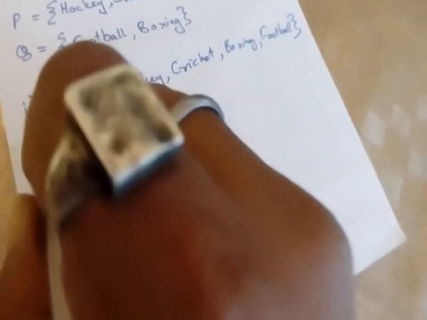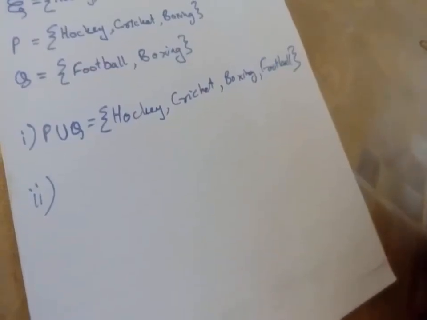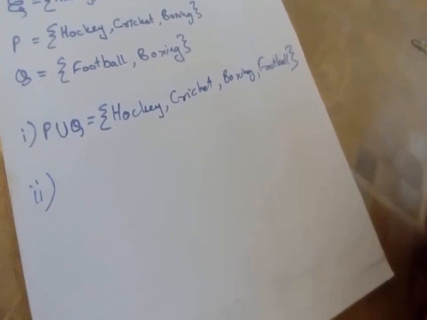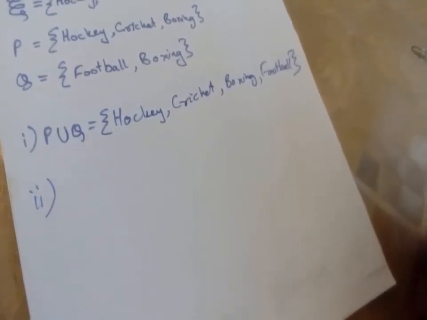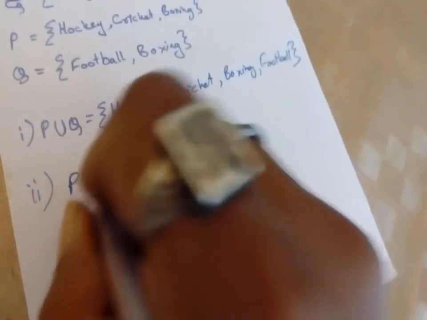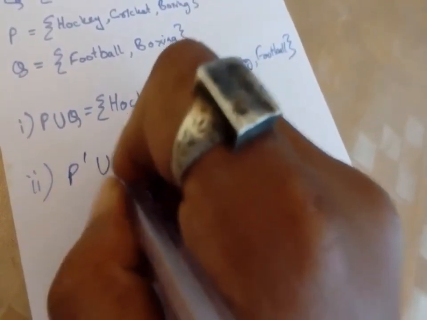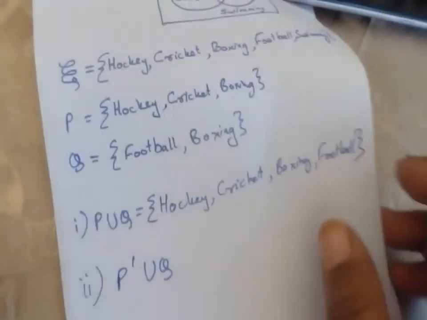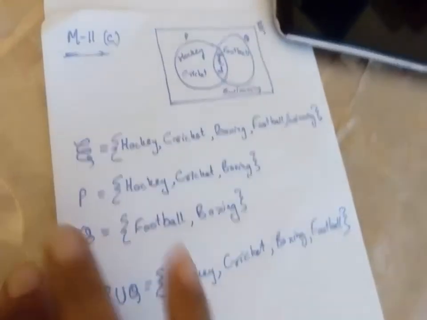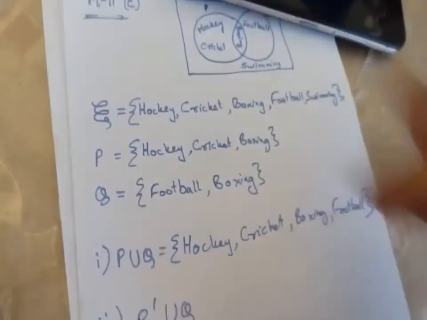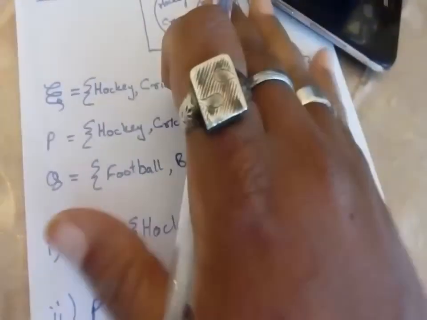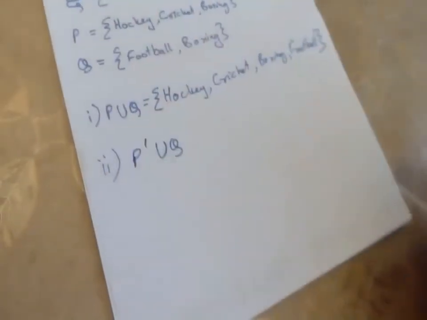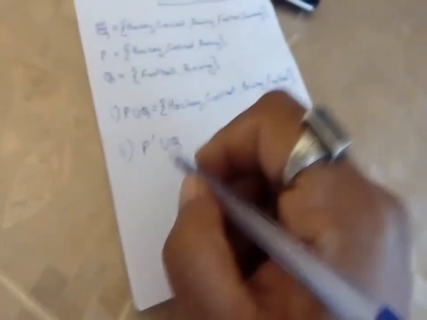Now in the second part of question C, we are asked to find P complement union Q. For this type of thing you have to write down the roster method. If you can do it by just looking at the Venn diagram, then it is okay, but I recommend it will be easier if you write down the sets individually in roster form.